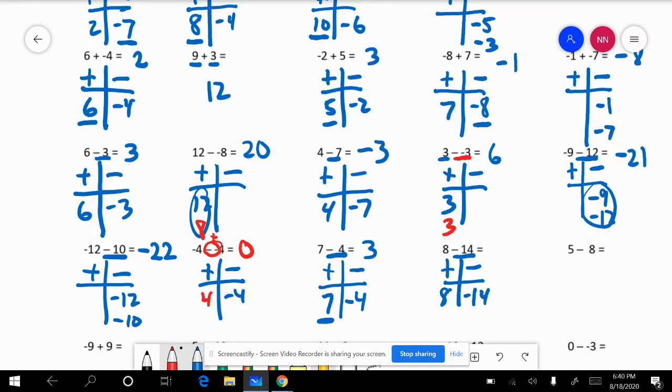When I subtract it, the larger one is negative, so that means my answer is negative. And when I subtract it, I get a 6. And for the last one, I have a positive 5. I have a negative 8. They're on different sides, so I know I subtract. The larger one is negative, so that's a negative 3.